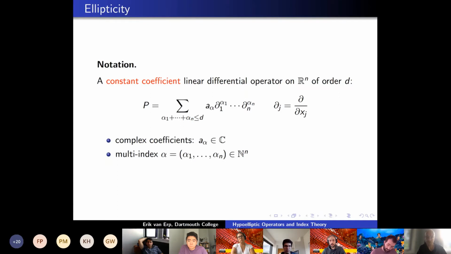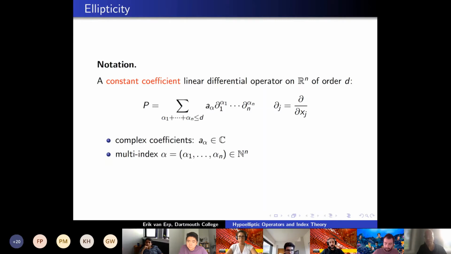So, for some notation, all my differential operators are going to be linear. I will forget to say linear because it's a mouthful. So whenever I say operator, I'll just mean a linear differential operator. We start on R^n, that's the easy case. So n variables, and I use the notation you see on the screen. The A alphas here are constants.